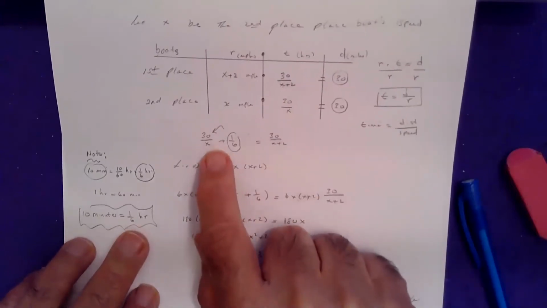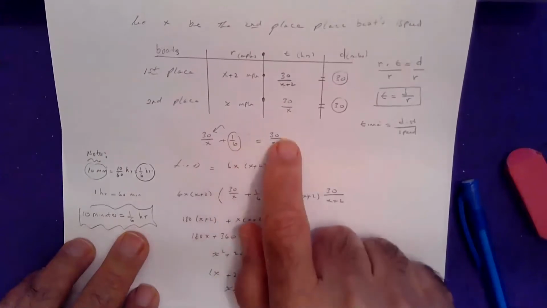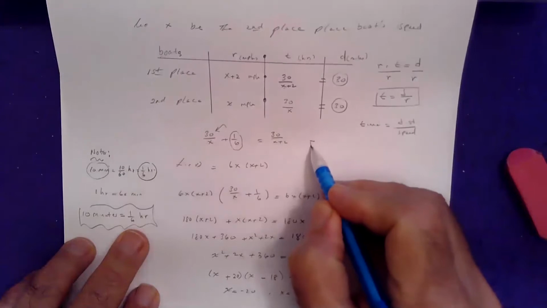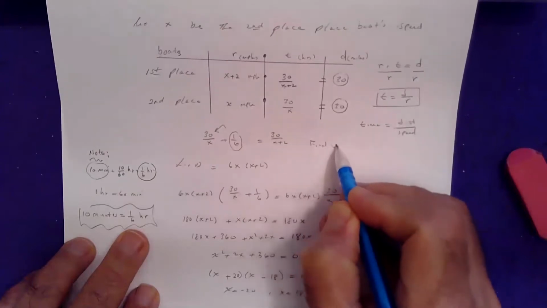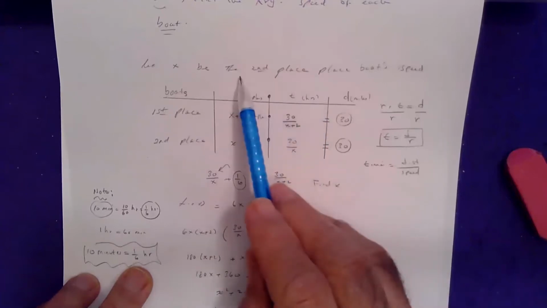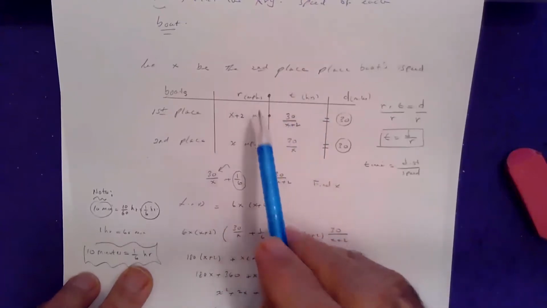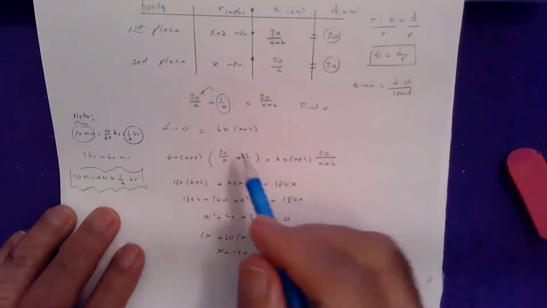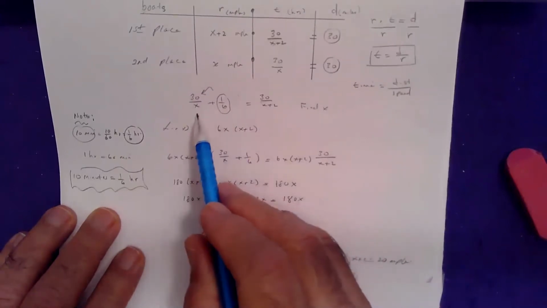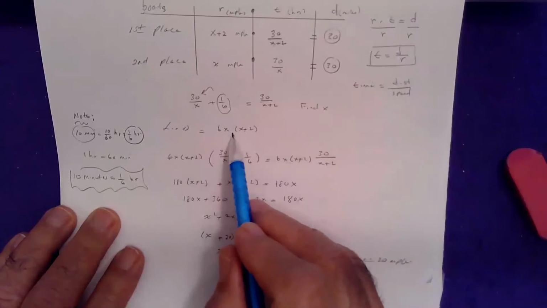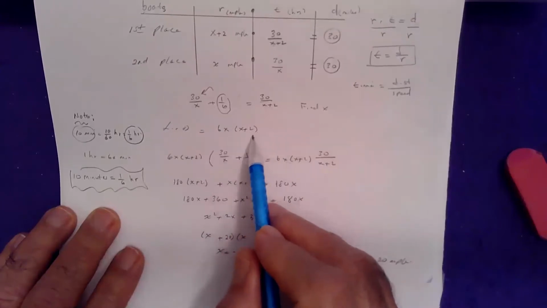Anyway, so what you get is 30 over x plus 1 over 6 equals 30 over x plus 2. So the idea is to find x. What was x? x was the speed of the second place boat. So what you do is find the lowest common denominator of x, 6, and x plus 2, which happens to be 6x times x plus 2.